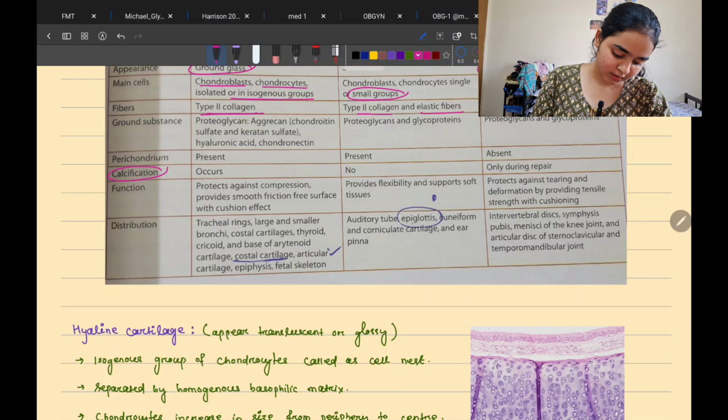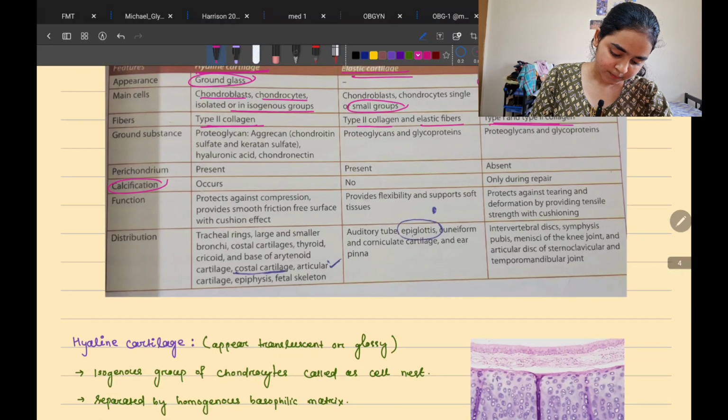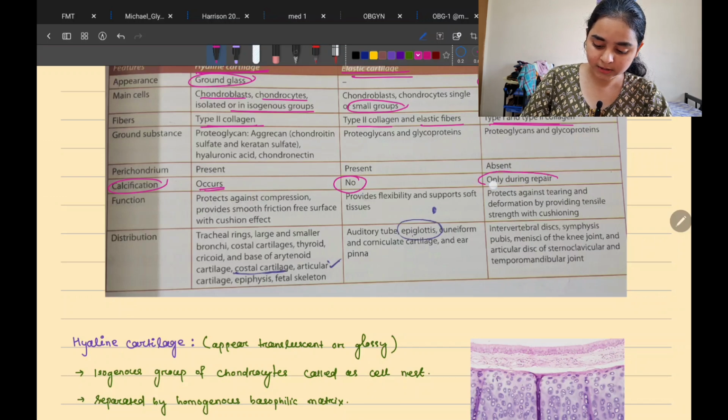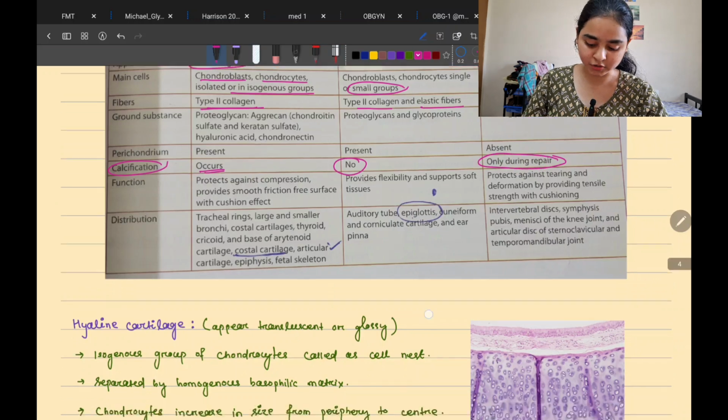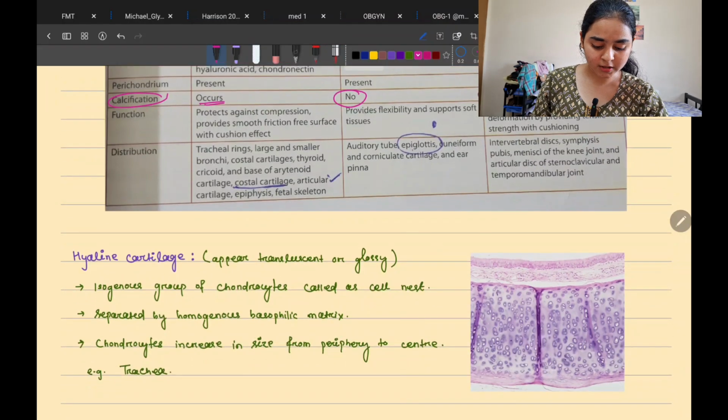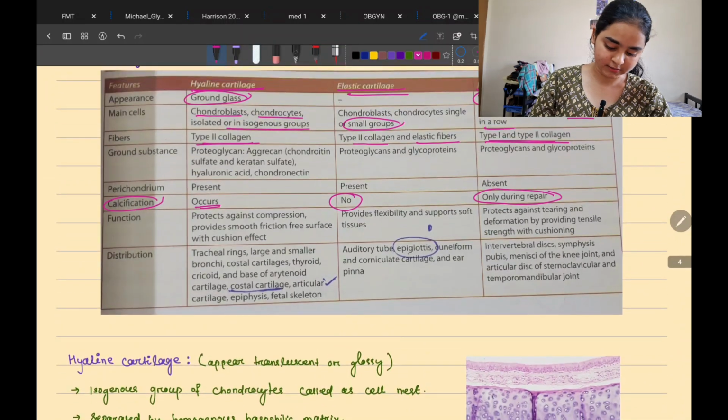And about calcification, in hyaline cartilage calcification occurs. In elastic cartilage there is no calcification, but in fibrocartilage calcification occurs only during the repair process after any injury. And the most important thing to remember is their distribution, where you can find these cartilages.